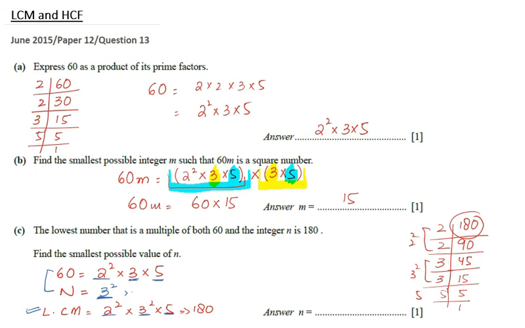Then the LCM of these two numbers will be the same, 2 square into 3 square into 5. But as they are asking for the smallest possible value of n, we take only 3 square. So the value of n is 3 square, or we can say it's 9.